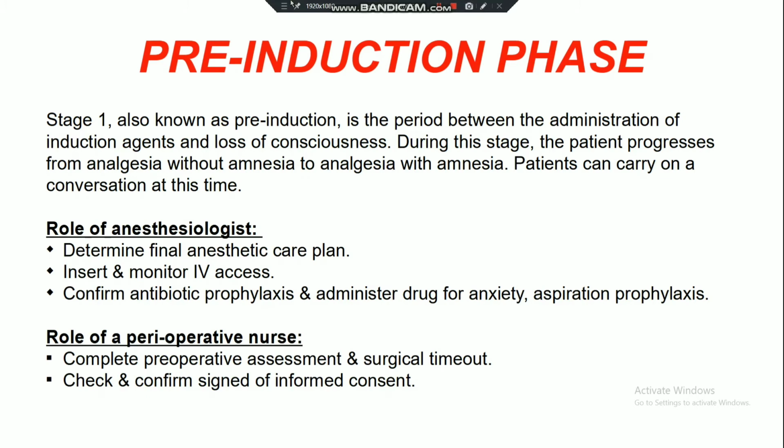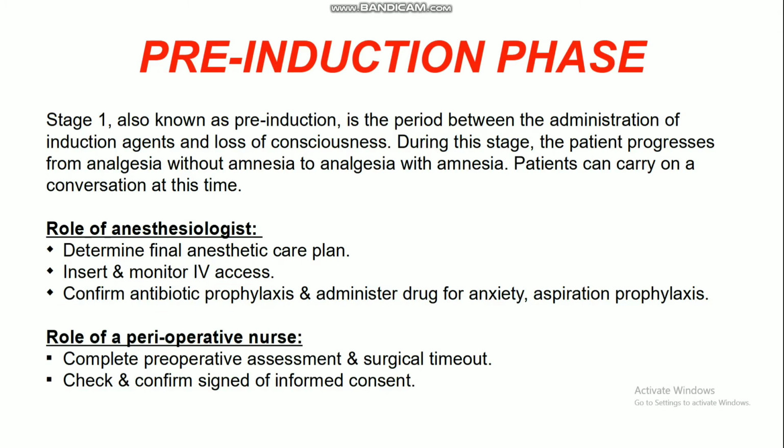Then the pre-induction phase. So what is the pre-induction phase? Stage 1 is also known as the pre-induction phase. Here it is the period before the administration of the induction agent. It means here we mainly provide the patient an analgesic agent with an induction agent for the loss of consciousness.